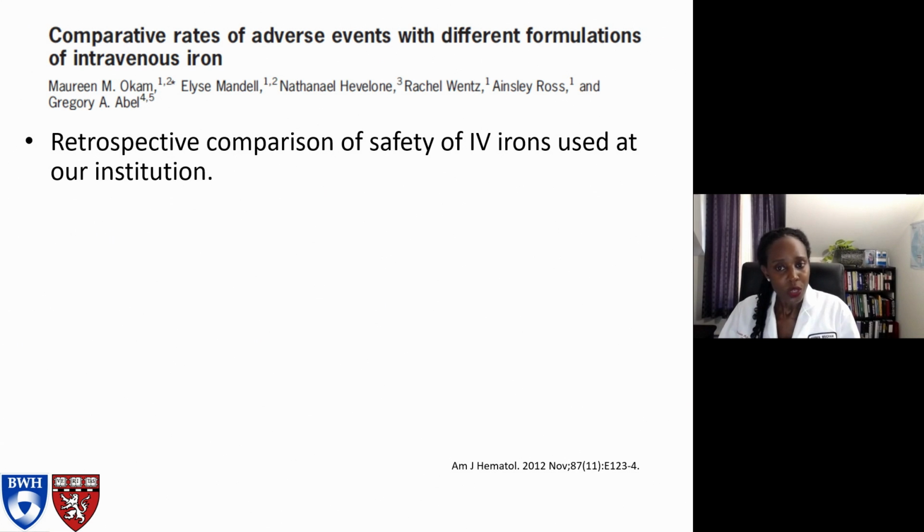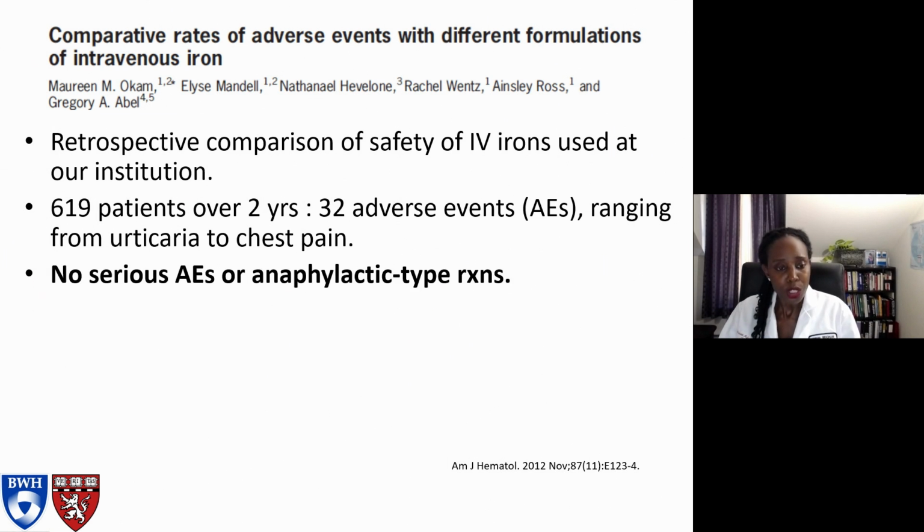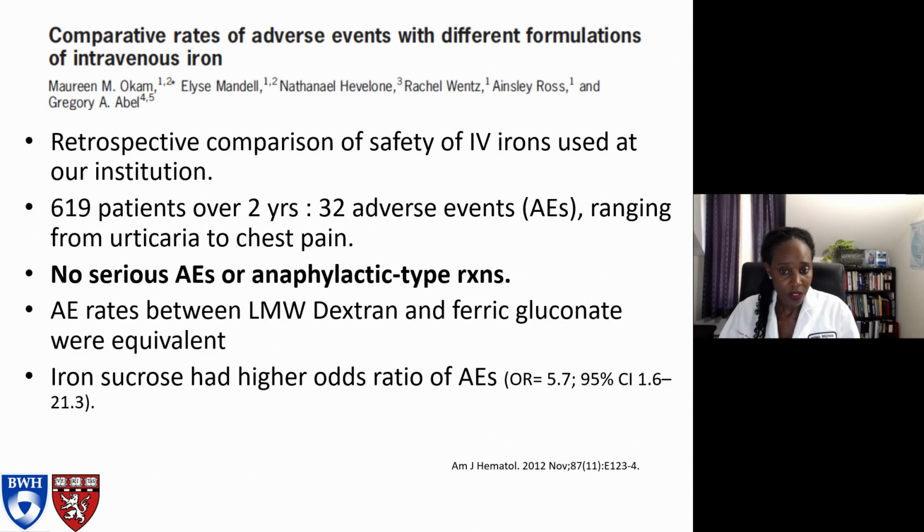In our institution, we looked retrospectively at our use of intravenous irons, slightly over 600 patients over 2 years. There were 32 adverse events. There were no serious adverse events or anaphylactic type reactions.